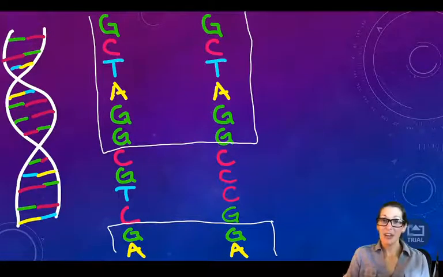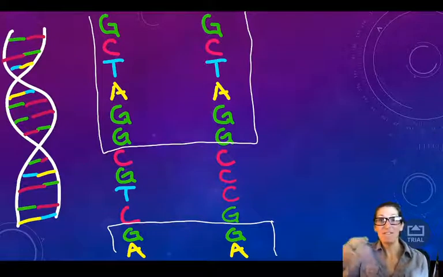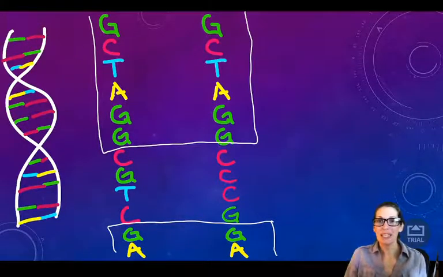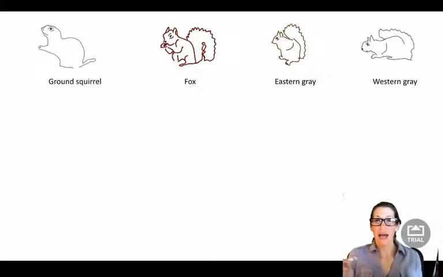So these areas that are the same due to common descent give us a massive amount of information to figure out where we put these organisms on our phylogenetic tree. Checking my time here. Oh, we're at 23 minutes. Okay. We will pick up here with how we use that to figure out a phylogeny.